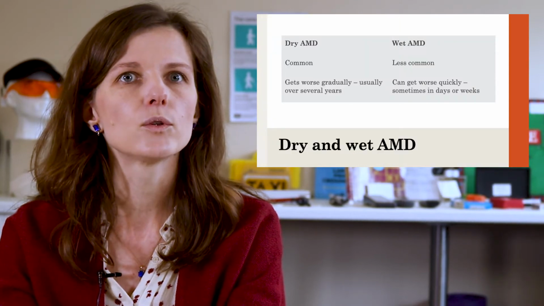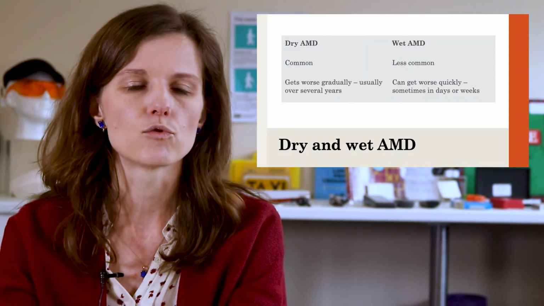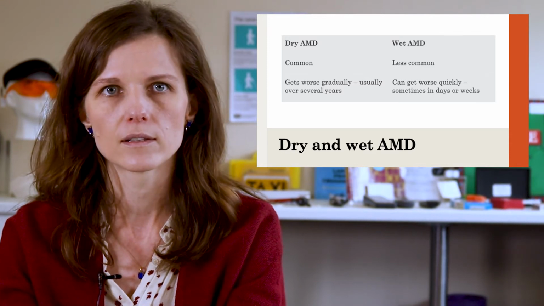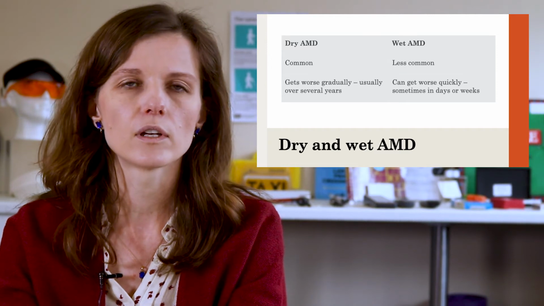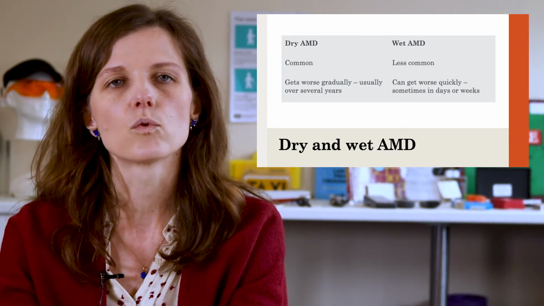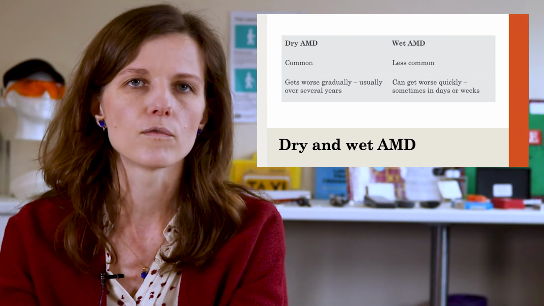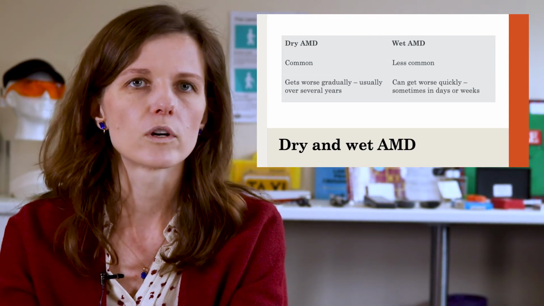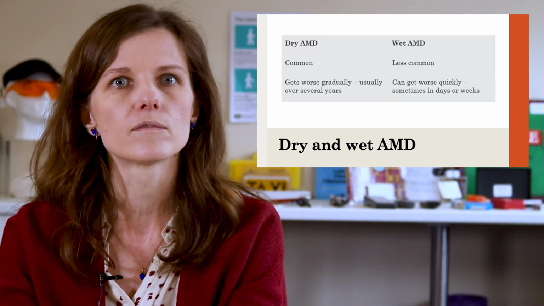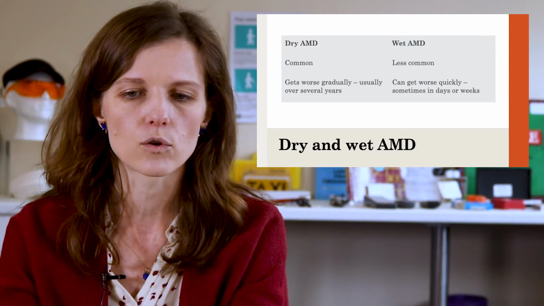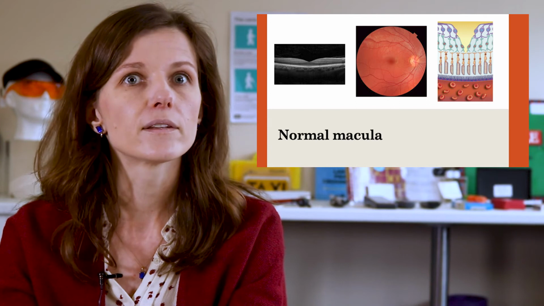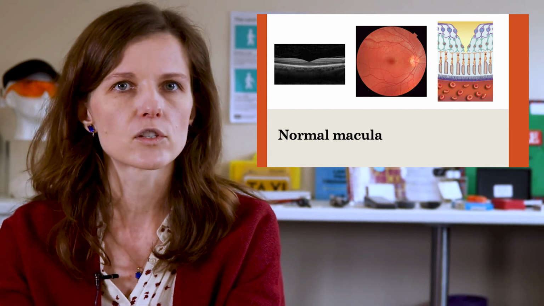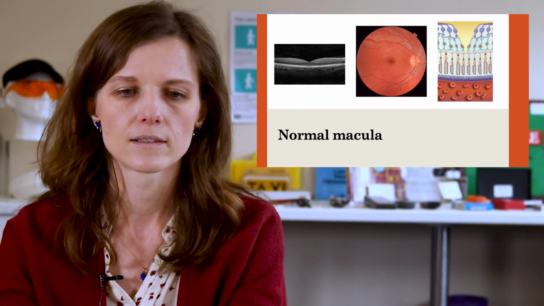There are basically two kinds of AMD, the dry kind and the wet kind. The dry kind is more common and generally tends to get worse very slowly over several years, whereas the wet kind can get worse very quickly, within days or weeks. A healthy macula has all the layers of the retina intact.